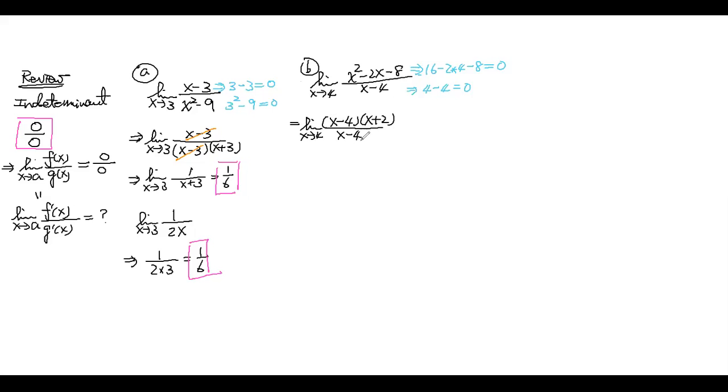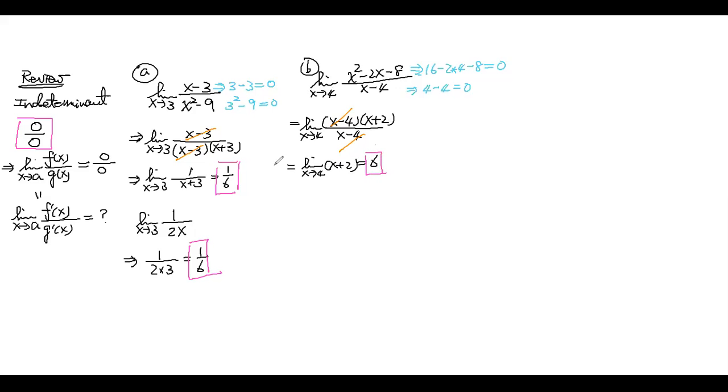And then I can cancel the x minus 4. So it's the limit as x approaches 4 of x plus 2. So what is the answer here? You will get a 6 here, right? So the limit is 6.